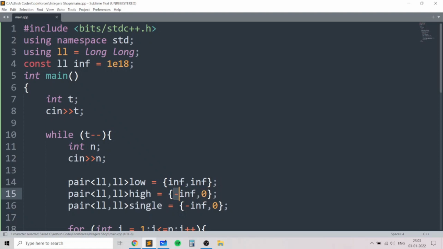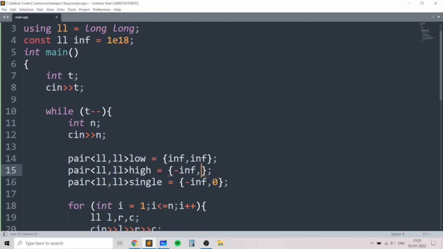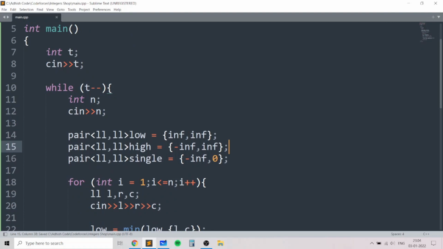And similarly high is negative infinity, so that we are finding the maximum value of the right endpoint. That's why maximum with negative infinity will always give a larger value. And again the cost can be set to infinity because we want the minimum value of the cost, or negative infinity in this case, because we are maximizing the negative value.